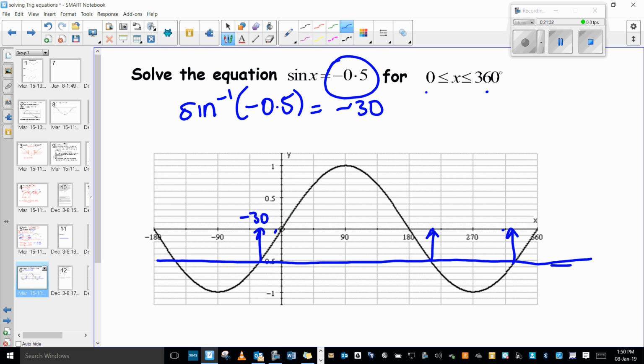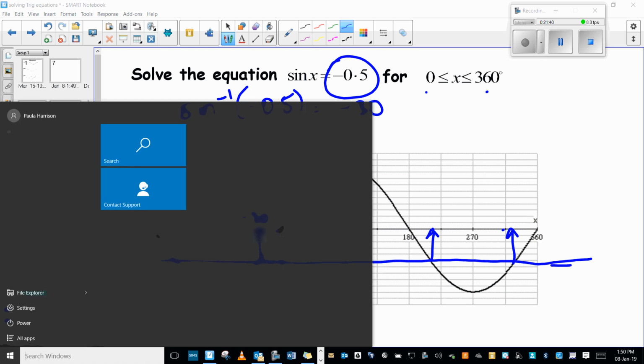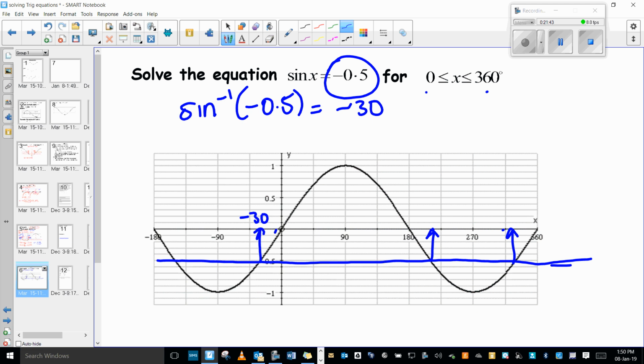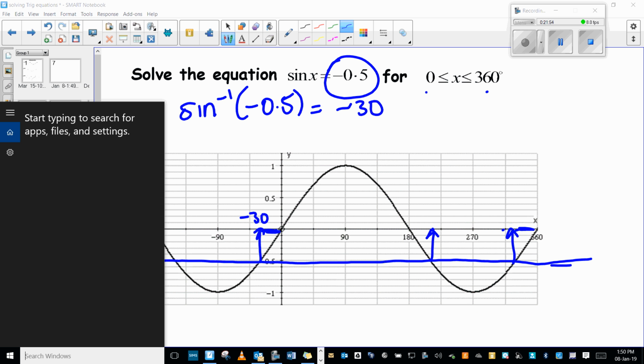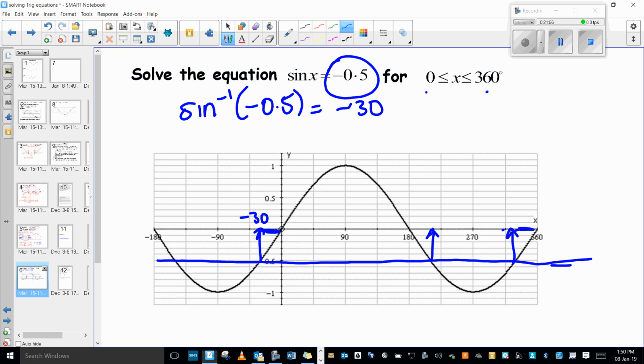If that's negative 30, how does that relate to the other part of the graph? This value here is 30, just on the other side. So this number here is going to be 360 take away 30. And how do I find this one? 180 plus 30. Yes. Come on, people. I get so excited.